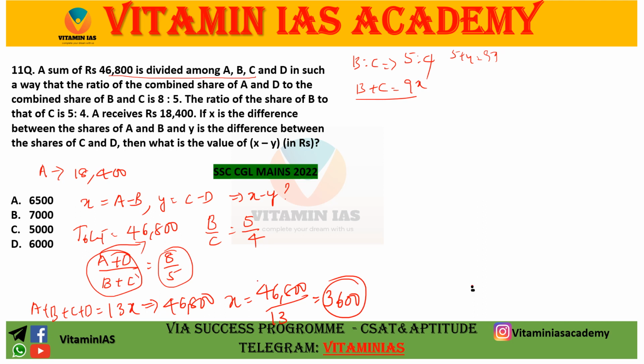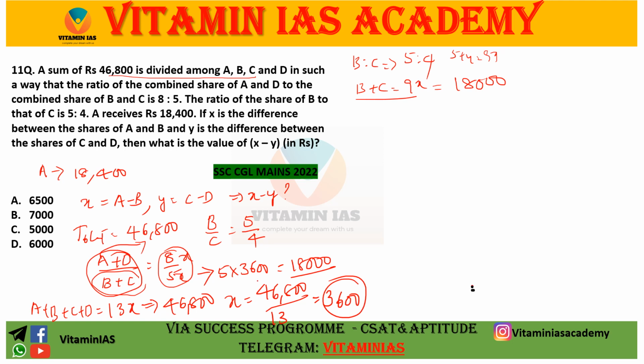And here we have the other side as 5x and 8x. So 5x is equal to how much? 5 into 3,600, nothing but 18,000. So B plus C is equal to how much? 18,000. So this B plus C and this B plus C, 9x, is equal to 18,000.